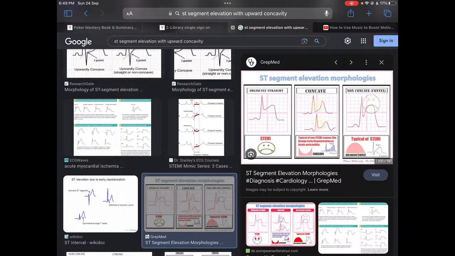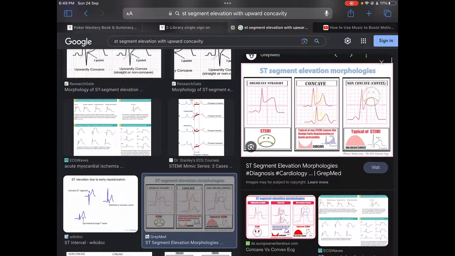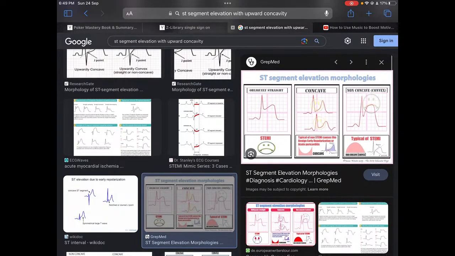So if it's convex, that means it's ST elevation MI. If it's concave, then it means it's acute pericarditis. Concave is like a cave. Convex, it's the other way.